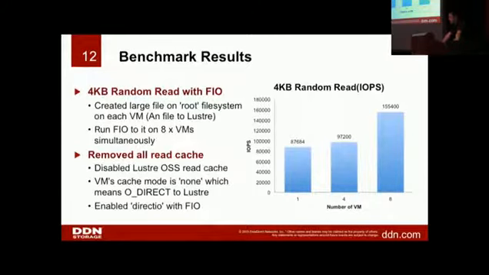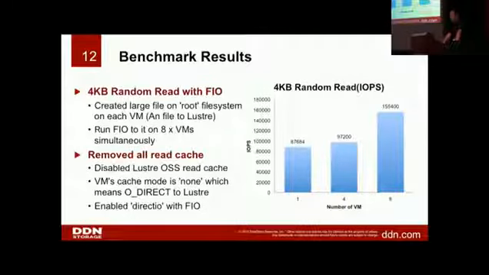So the benchmarking itself is a simple 4K random read test. Again, the VM image itself is a file on the Lustre. So you don't need to mount the Lustre file system from the VM.